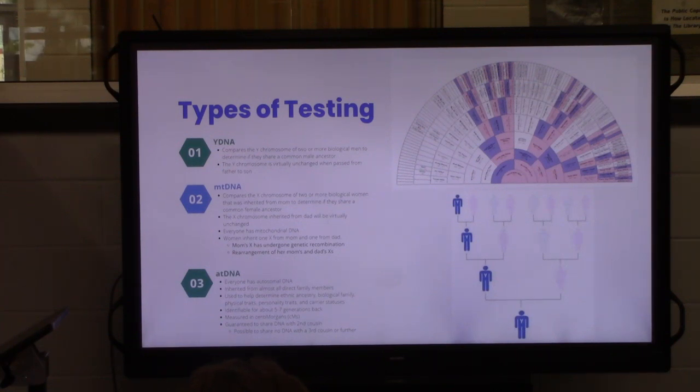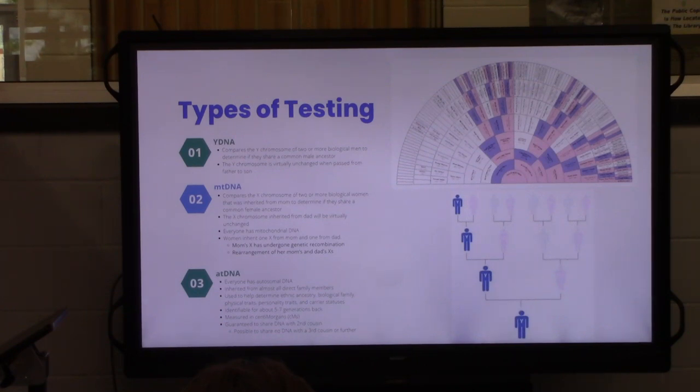And we can do the same thing for mitochondrial DNA with women. It works sort of the same way. It's a little bit different, and we'll talk about that in just a sec. But that Y DNA is passed from father to son. And it's important to know that when you take a Y DNA test, it does not determine paternal lineage.